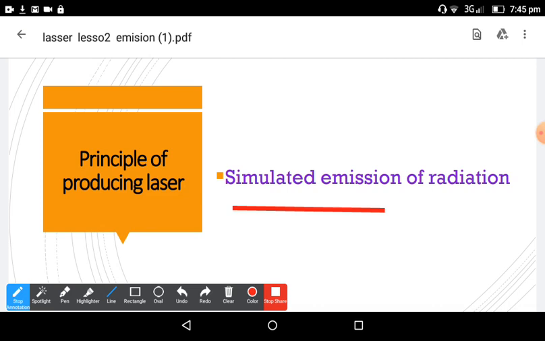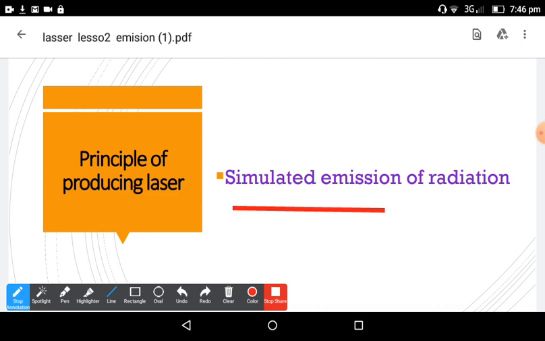Before explaining stimulated emission, let me remind you of two important points. Number one, radiation is a form of energy which can travel through a vacuum. According to the quantum theory of radiation, it consists of a large number of invisible particles.